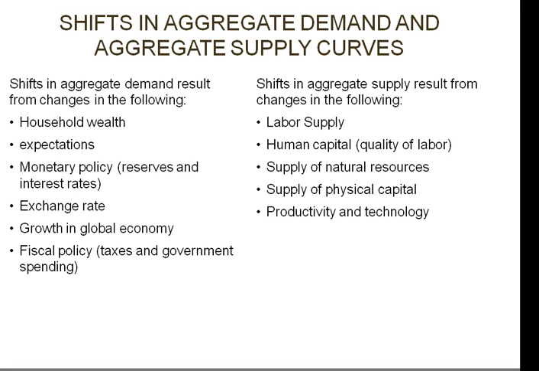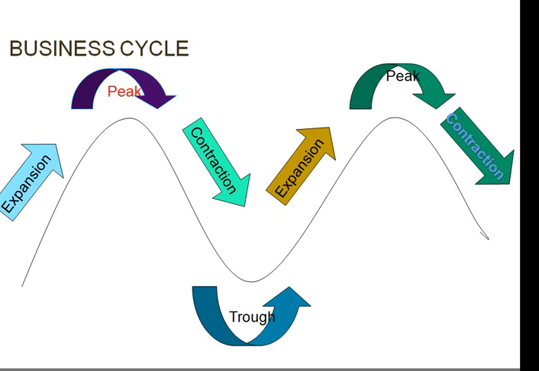If productivity changes from more to less, there is a backward shift in aggregate supply. Technology: if technology changes, new methods are emerging, and we are producing more efficiently with new technology, then aggregate supply will shift forward.